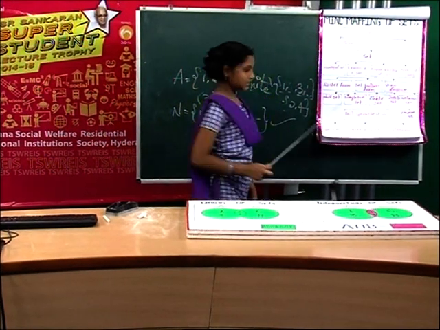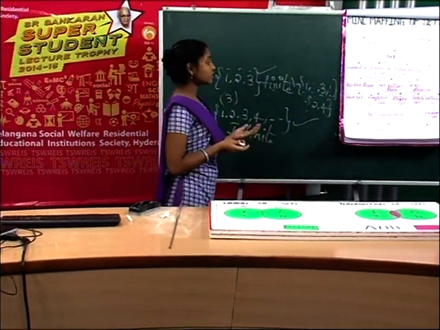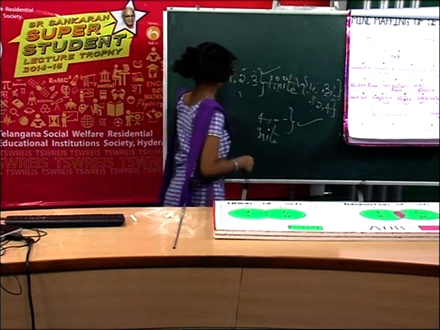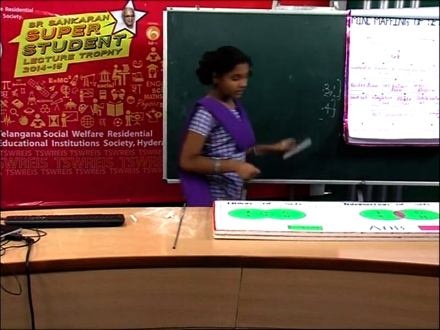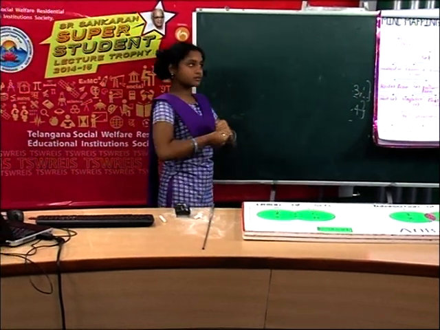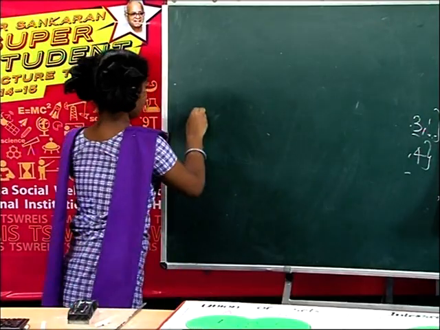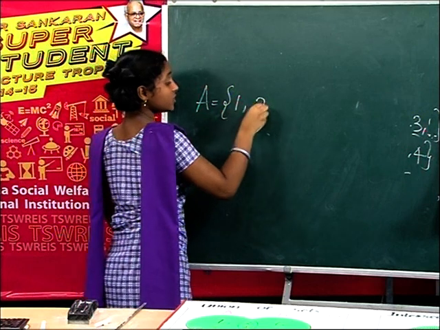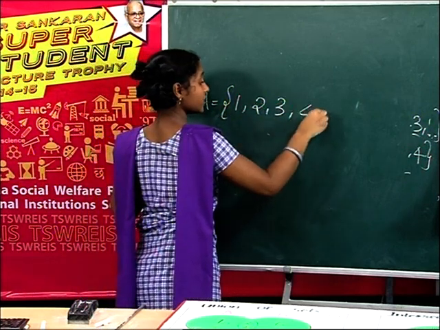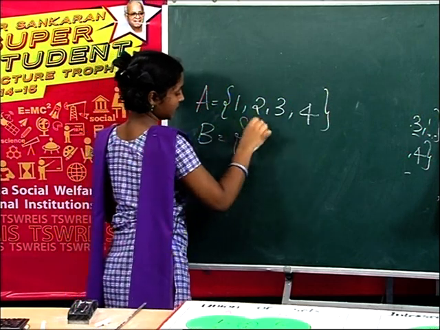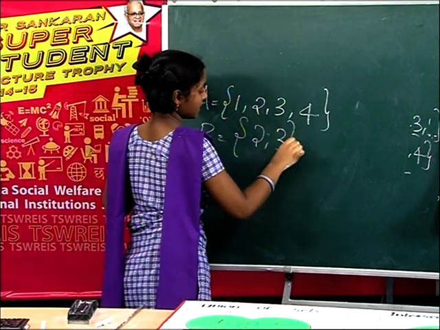Next one, universal set. We have two sets here: one is {1, 2, 3, 4} and the other has only 2 and 3.